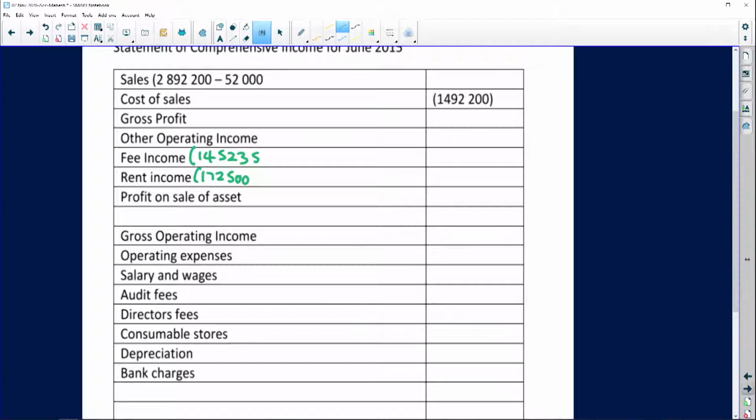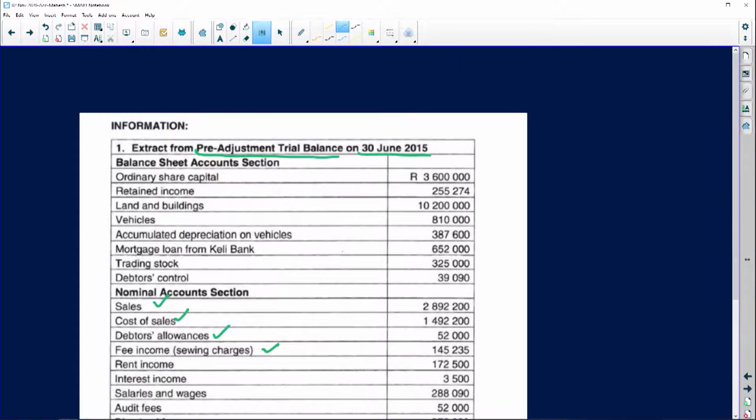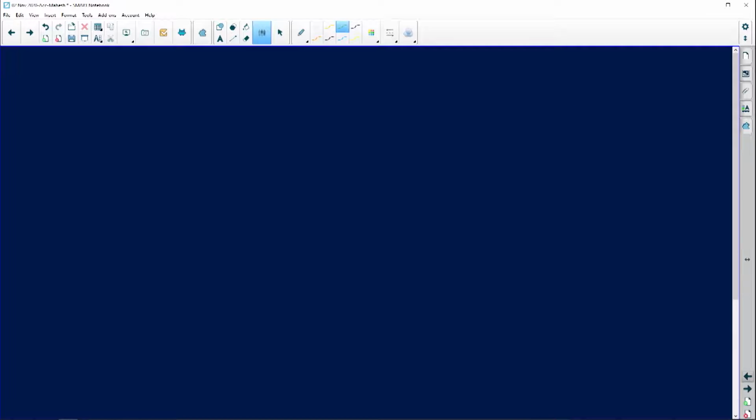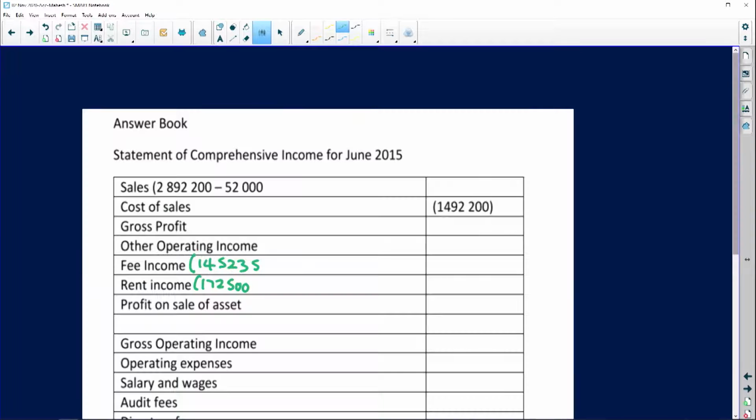Let's now look at our operating expenses. Okay. So we've got interest income. We can bring that down before we tackle operating expenses. So interest income, 3,500, and obviously that appears at the bottom of my income statement.